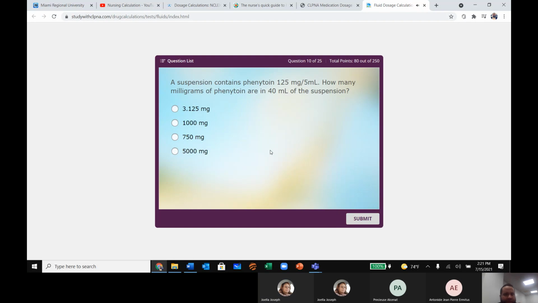Okay, next question. A suspension contains phenytoin 125 milligrams in 5 ml. How many milligrams of phenytoin are in 40 ml of suspension?